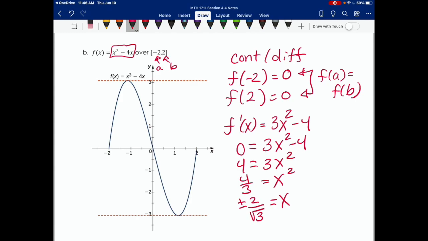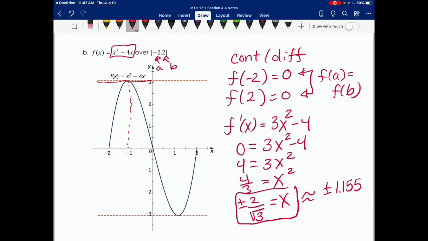When I take the square root of both sides, I get plus or minus the square root of 4 over 3, but then I can simplify. The square root of 4 is 2. So I get plus or minus 2 over the square root of 3. Now, if we want a decimal approximation, I'm going to take 2 divided by the square root of 3. And so my decimal approximation would be plus or minus 1.155 if we round it to 3 places.